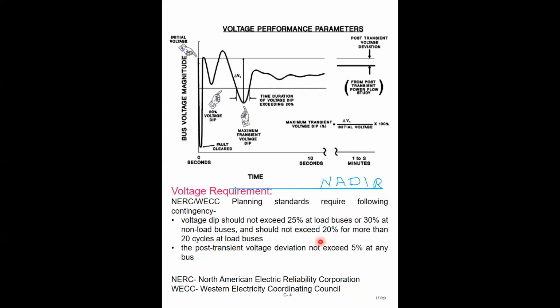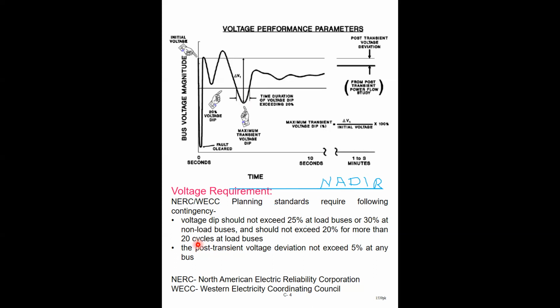And again, they say that the voltage dip should not exceed 20% for these many cycles. Here they have defined 20 cycles. So what is the time frame? For these 20 cycles, the voltage dip should not exceed 20% at the load buses. 20 cycles means less than half a second, right?